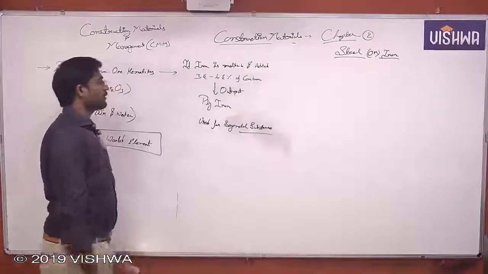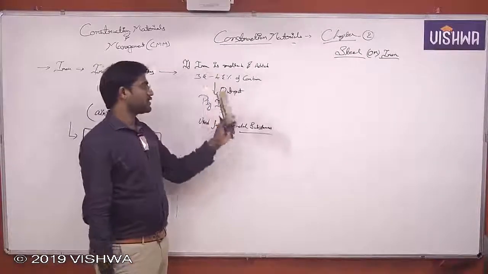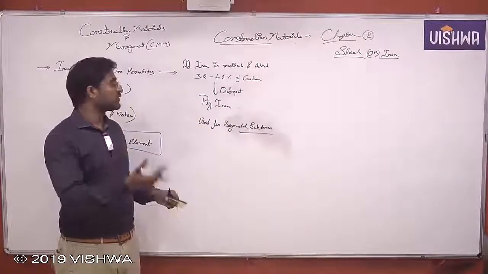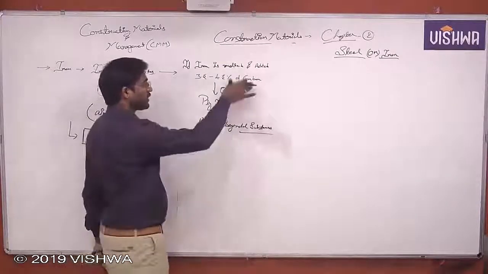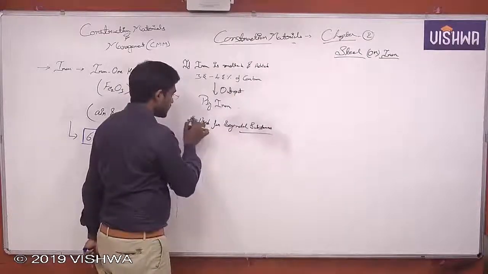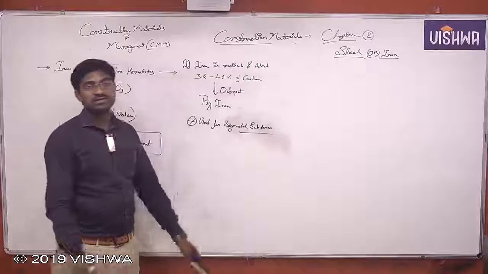So that is what we can see. The iron is melted and added with a certain composition of carbon. Then the output is pig iron. That is mostly used with respect to your segmental substances.